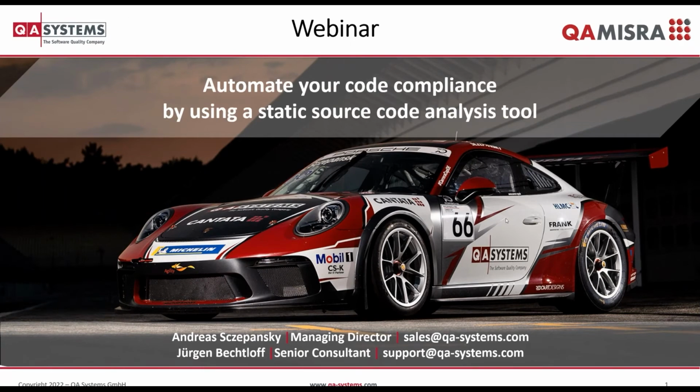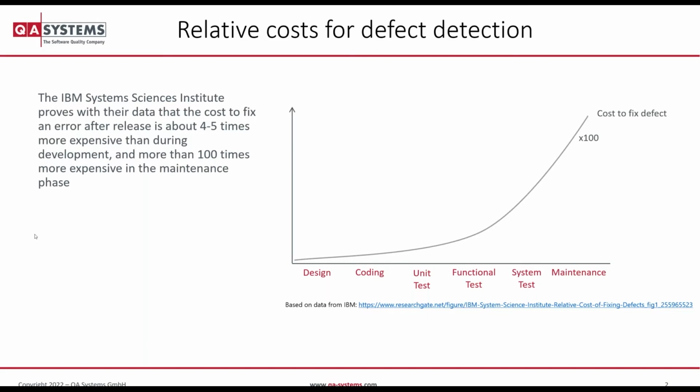So the theme is static analysis, and as you may have already heard from other vendors about that theme, I have a slightly different approach. I would like to go a step back and argue a little bit why we should do that. And the best route is always cost driven.